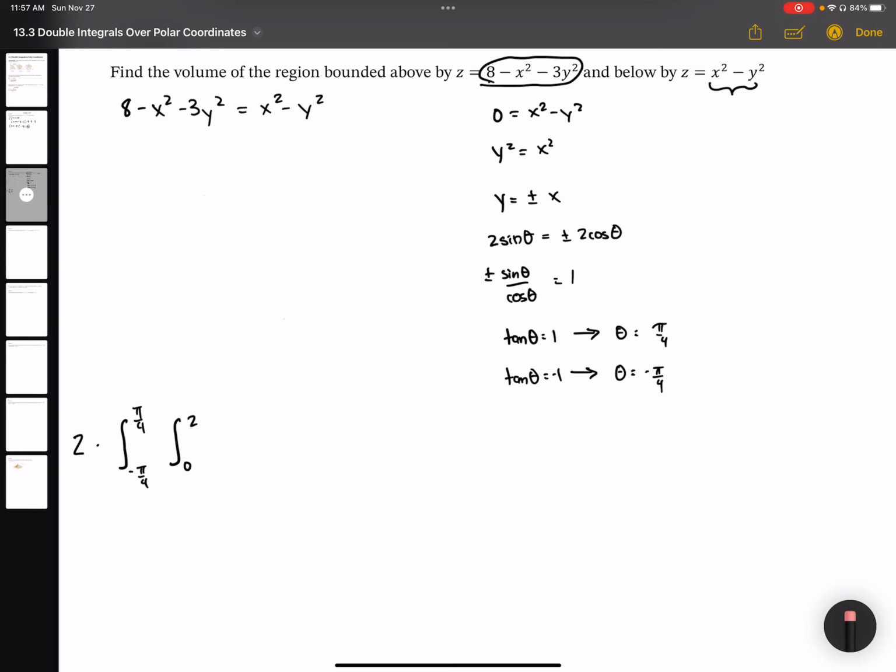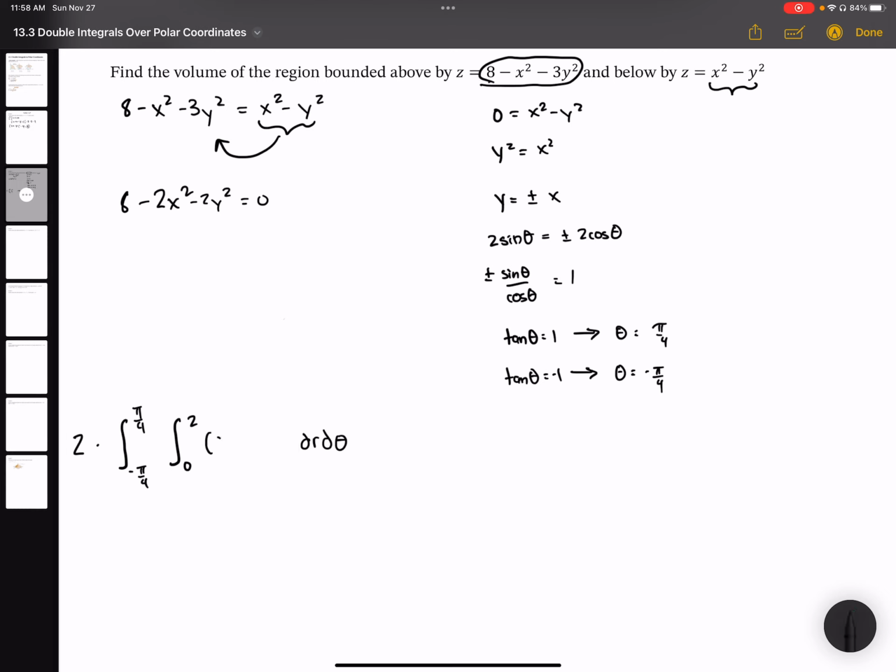All we're doing is moving this function to this side. So that's going to give us 8 minus 2x squared minus 2y squared, which is really just 8 minus 2r squared. So we have 8 minus 2r squared, r dr d theta. Instead of taking a whole other step to distribute the r, we're just going to make that 8r minus 2r cubed.